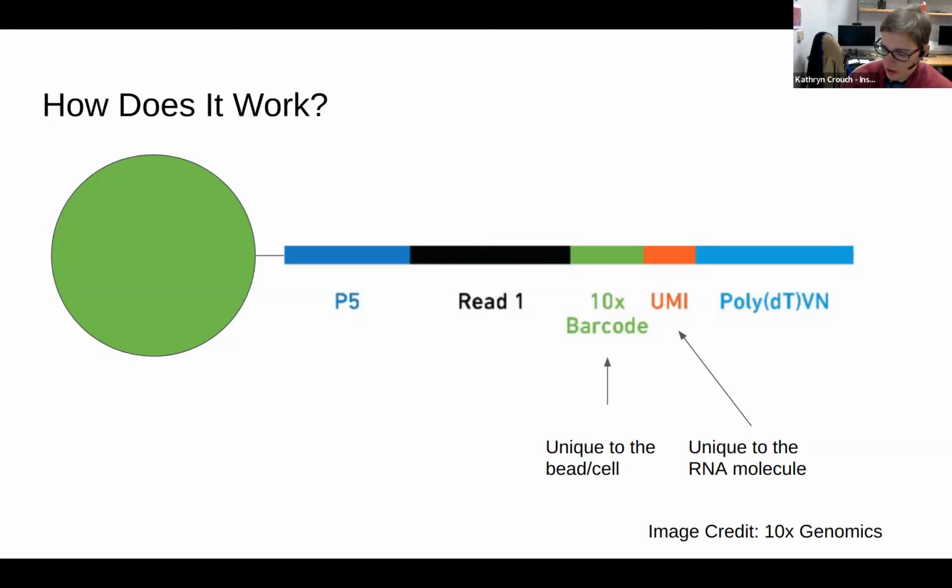So when you do bulk RNA sequencing, what you normally do is some kind of amplification step before you do the sequencing, and then you're inferring how much mRNA you had at the start by how much cDNA you have now. In this case, because every mRNA will have a different UMI associated with it, we can actually measure directly how many different RNA molecules we had at the start. So it's much more sensitive in that way, and you don't have the same amplification biases that you have in bulk RNA sequencing.